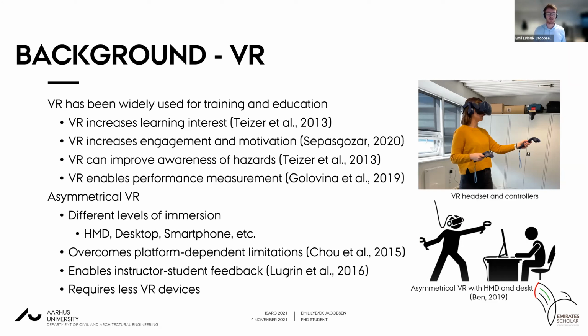It also enables instructor-student feedback, as stated by Lugrin et al. from 16, because it allows us to do instructor views for the VR experience, as I'll show in a later slide. One of the biggest benefits is that we can have a lot of people in a virtual environment without having the expense of using tens of VR devices.